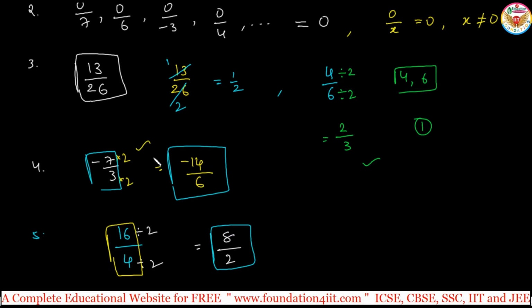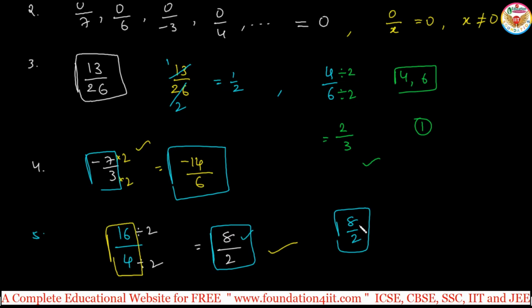So while you multiply or divide the numerator and denominator with the same number, except 0, so don't take the 0. Apart from the 0, if you multiply and divide with any other integer, the value does not change. But the standard form of the rational number should be there, with no common factor except 1. Okay, in this example you see 8 divided by 2.